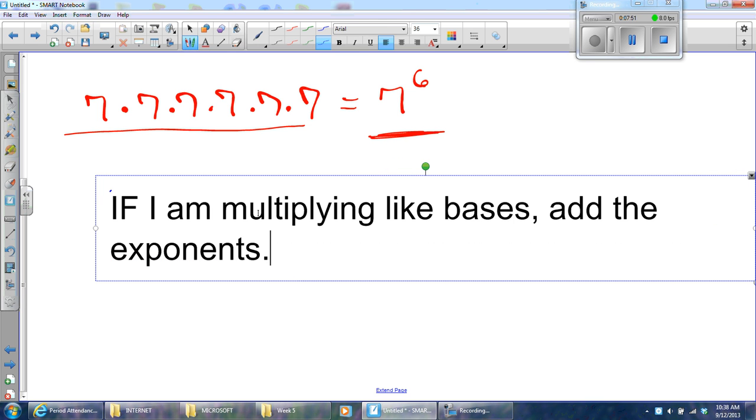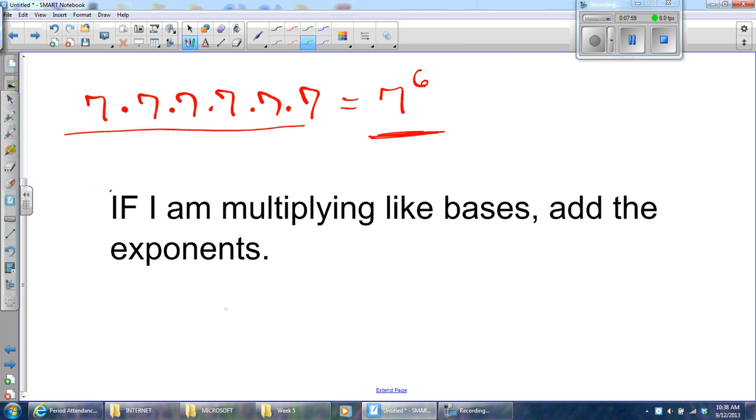If I have like bases, meaning they're the same variable, or it doesn't have to be variables, it certainly applies. If I had, say, 5 squared times 5 to the 3rd, I'm telling you that's the same as 5 to the 5th.